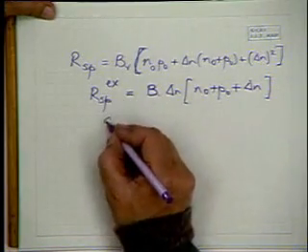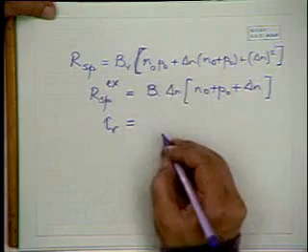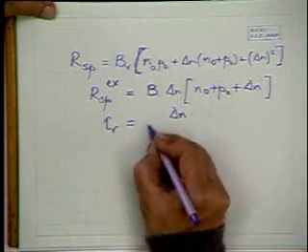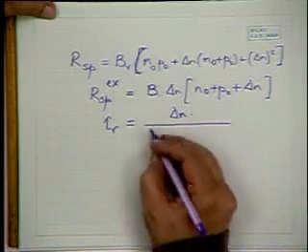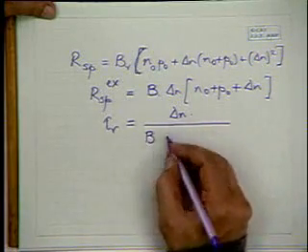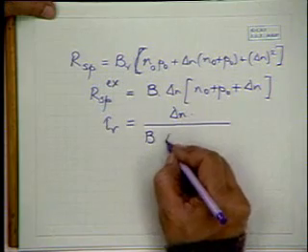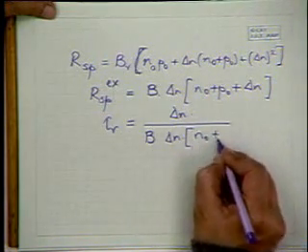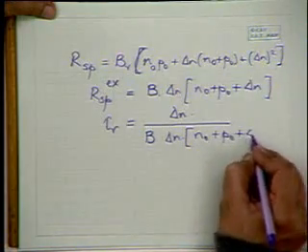Therefore, we have tau R is equal to delta n by Br delta n times n0 plus p0 plus delta n.